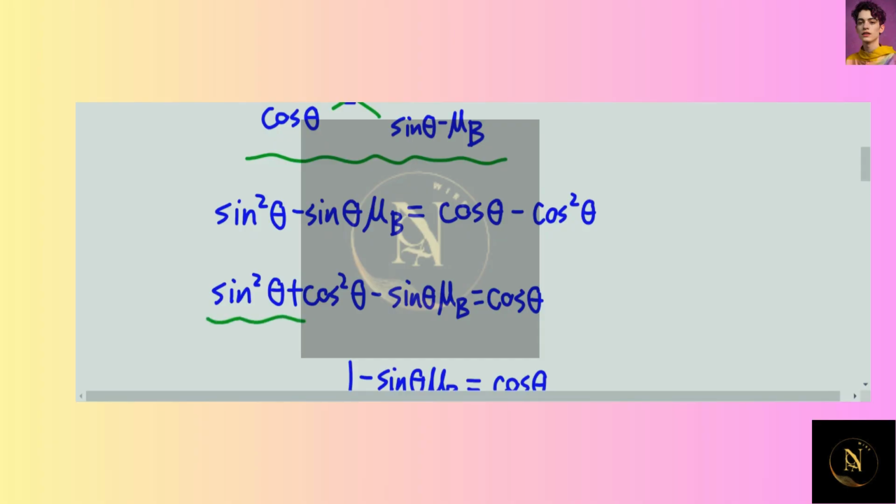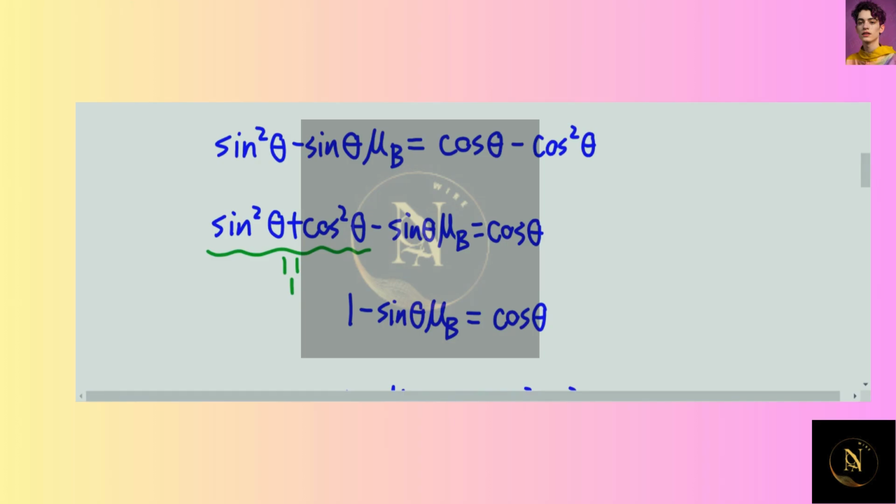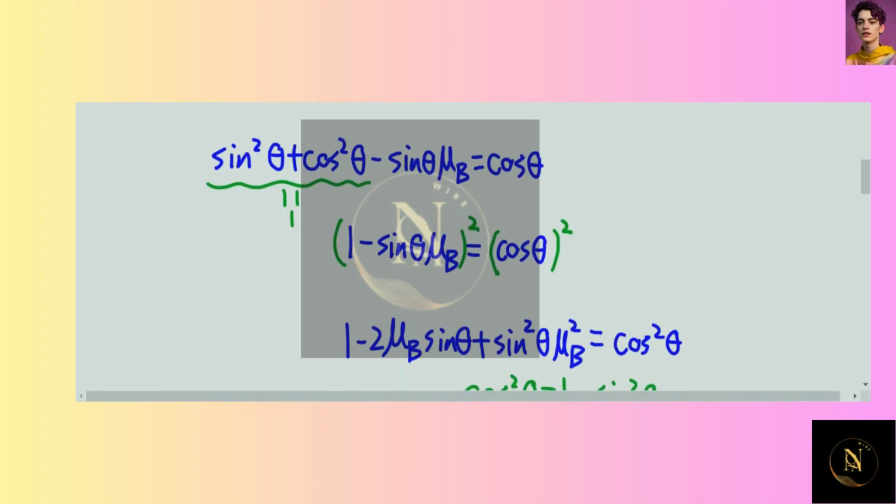We know sine squared theta plus cosine squared theta is equal to 1. Therefore, we have 1 minus sine theta mu B is equal to cosine theta. Now we can square each side. This gives us 1 minus 2 mu B sine theta plus sine squared theta mu B squared equal to cosine squared theta.